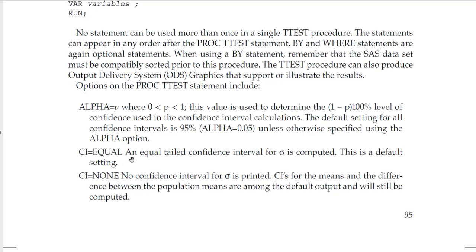There is an opportunity to compute a confidence interval for the population standard deviation, and you can suppress that information. If we're looking for single population tests about the mean, or two population tests, we'll automatically get the confidence intervals for the means and the difference between the means in the default output. So if the 95% isn't the confidence level we need, we'll need to make the correct choice for alpha.